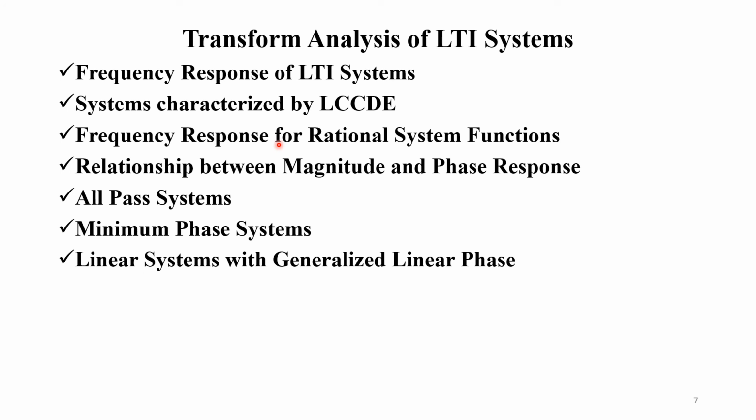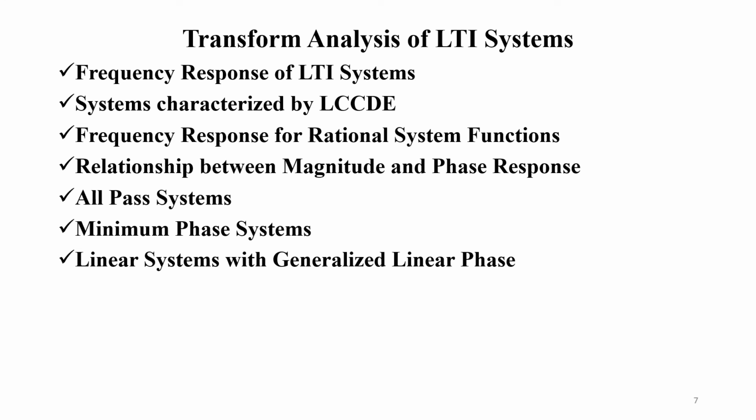The last topic we covered was linear systems with generalized linear phase. We have done different examples during this chapter, and we saw that the effect of linear phase with integer slope is simply a time shift. Similarly, a nonlinear phase, on the other hand, can have a major effect on the shape of the signal, even when the frequency response magnitude is constant.